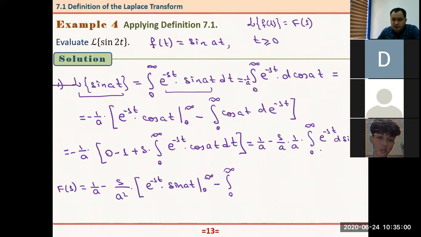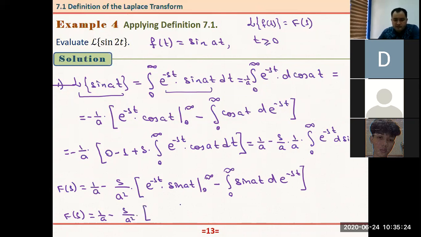Okay, we need to interchange these two things, right? So here we have sine of at d e to the power minus st. Right? Okay, so here we have F of s equals, here we have 1 over a minus s over a squared.